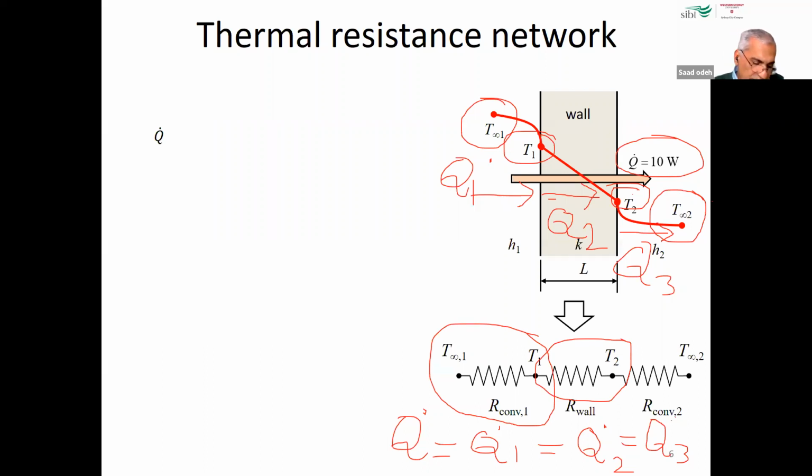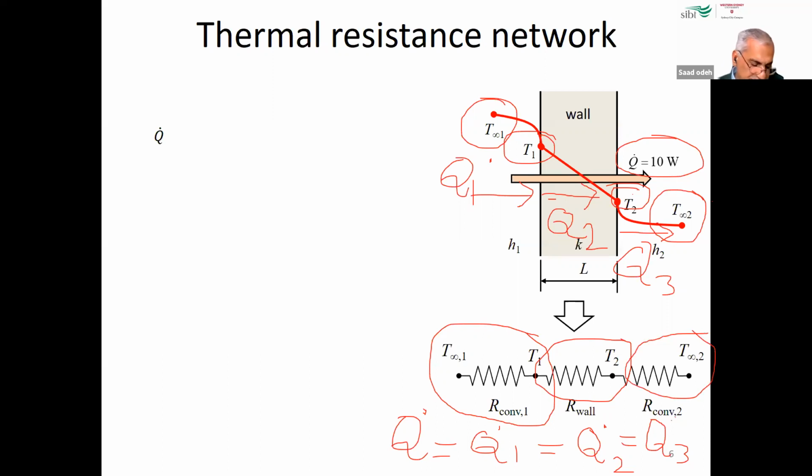And the last one, thermal resistance 3, as you can see, from the wall to the outside air, again it's by convection, not conduction, because as we said, heat transfer through a fluid is mostly by convection, not conduction.